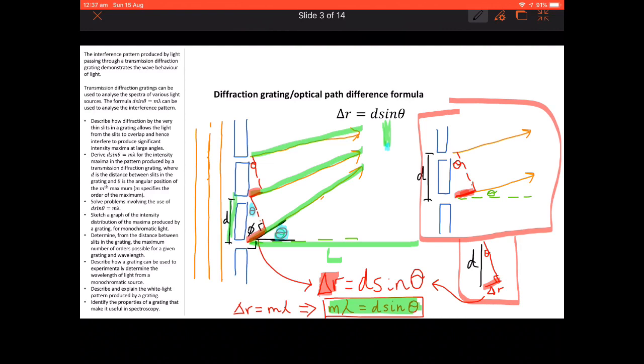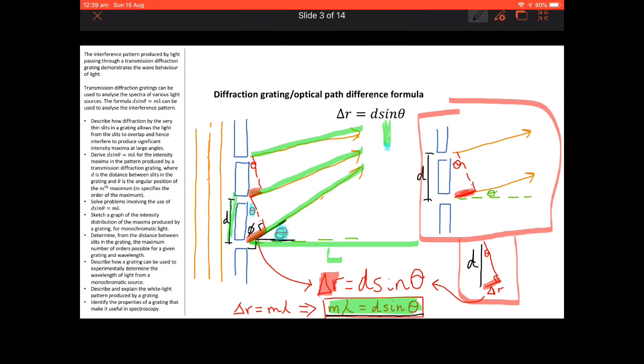So if you're wanting to find the path difference between two waves from adjacent slits, then you just have to multiply the length between the midpoint of the slits, so d, by sine of the angular position of whatever maxima or minima you're considering.